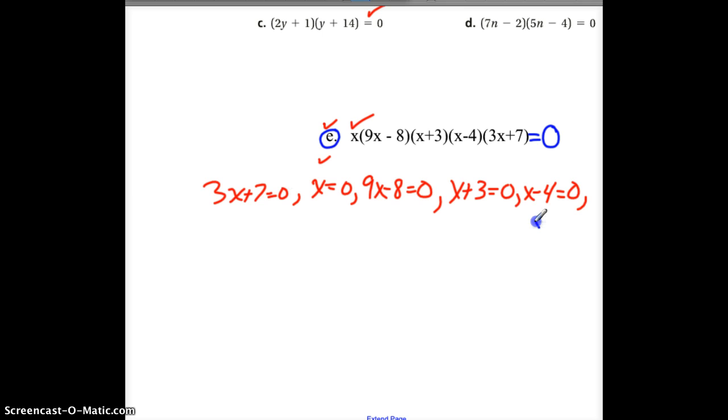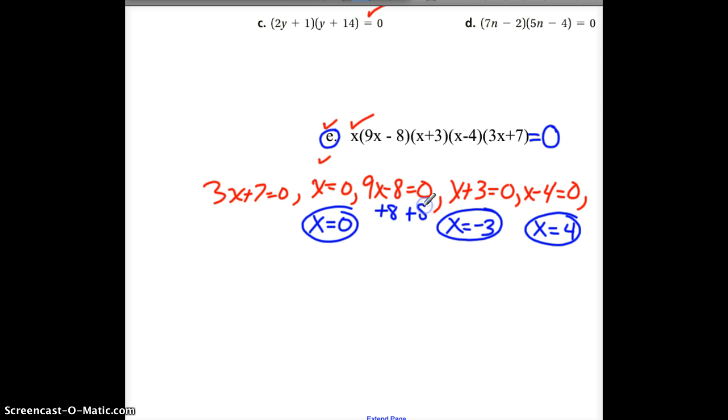X minus 4 equals 0 when x is 4. X plus 3 equals 0 when x is negative 3. X equals 0 and x equals 0. These other two, just do the opposite. Add 8, get 9x equals 8. Undo your multiplication with division. Get x equals 8/9. And undo your addition with subtraction.